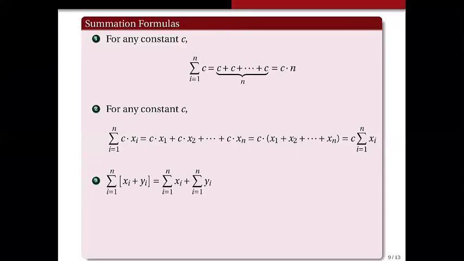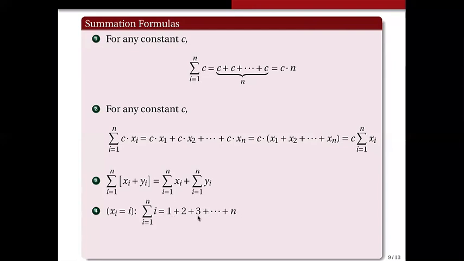And then, what if your x sub i is always i? So you have the sum of i running from 1 up to n. This means that you will have 1 plus 2 plus 3 plus until n. When i equals 1, you have this 1. Plus, when i equals 2, you have this 2. Plus, when i equals 3, you have 3, etc., until plus n.